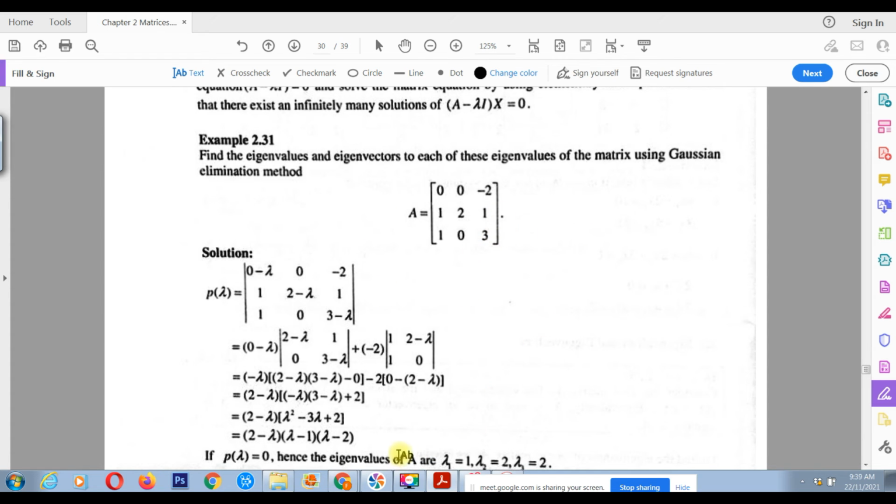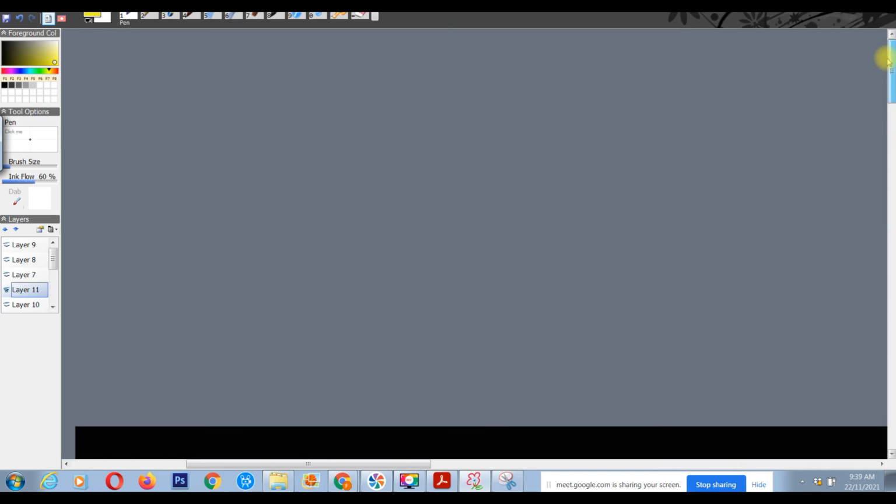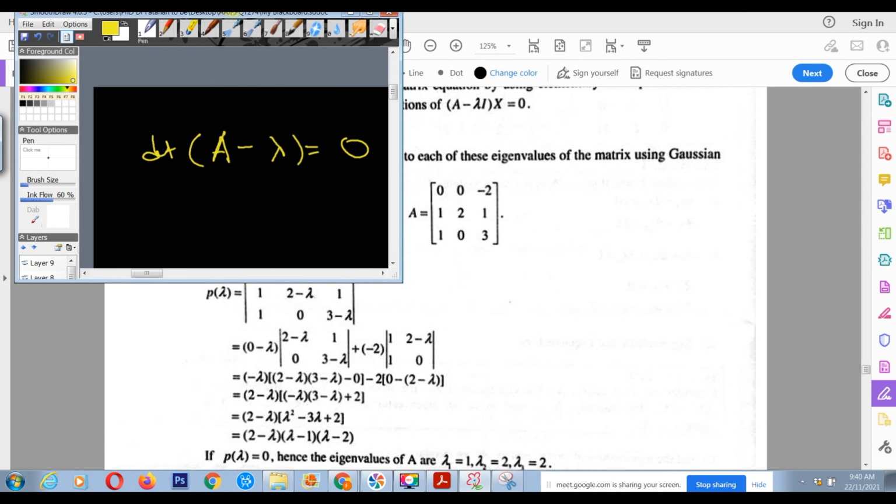First of all, we know the determinant of A minus lambda I equals 0. So what is A here?